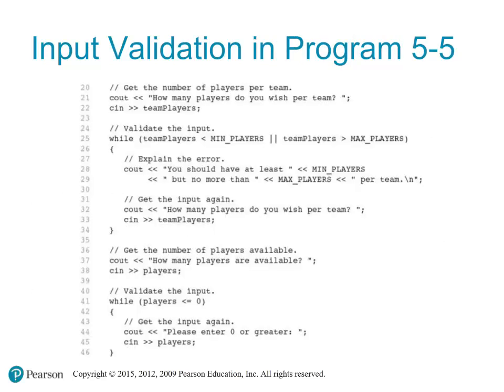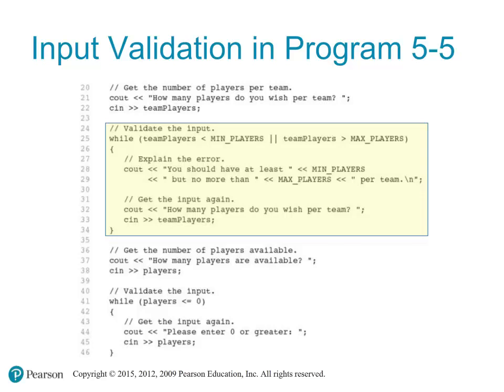This piece of code validates the number of players per team and the total number of players available. The user is prompted to enter the number of players per team, and the input is stored in the variable team players. A while loop checks if the entered number is within the allowed range.